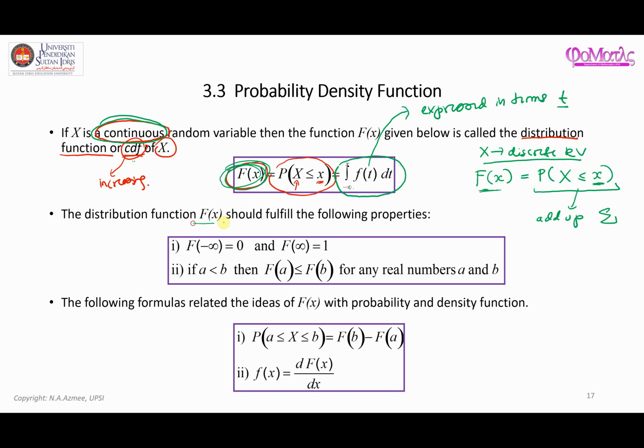Similar to the discrete case, the distribution function, big F of x, should fulfill the following properties, which have already been covered in the case of the discrete random variable.